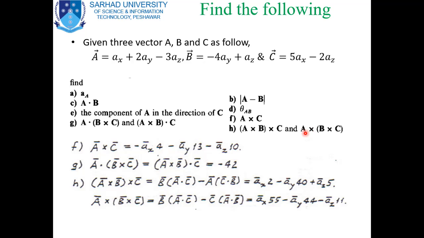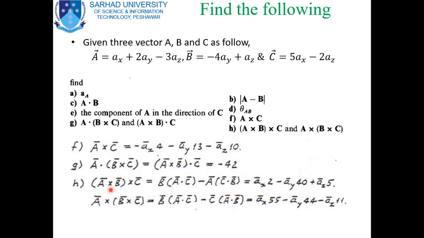So we will apply the BAC minus CAB rule on this. Remember that this rule is applied whenever the last two vectors are in brackets.